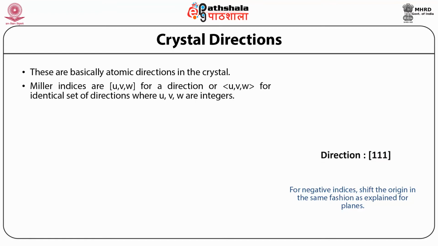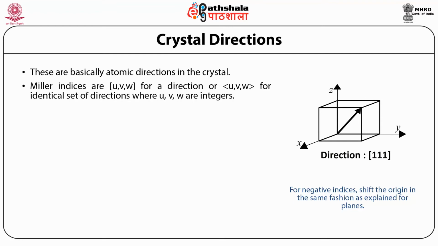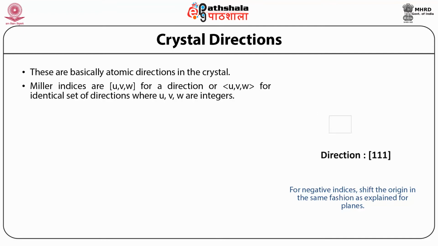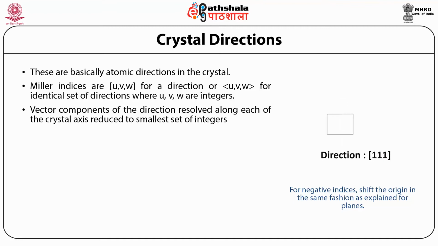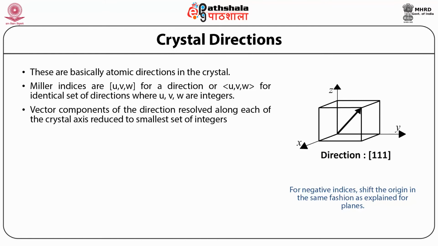Here we are representing directions with u, v and w, for a direction or for an identical set of directions, where u, v, w are integers: the vector components of the direction resolved along each of the crystal axes, reduced to the smallest set of integers.